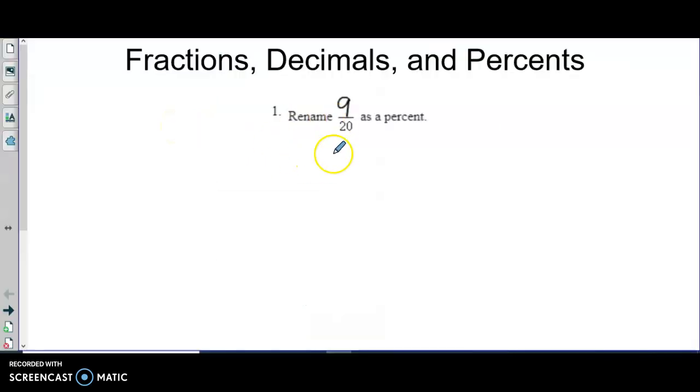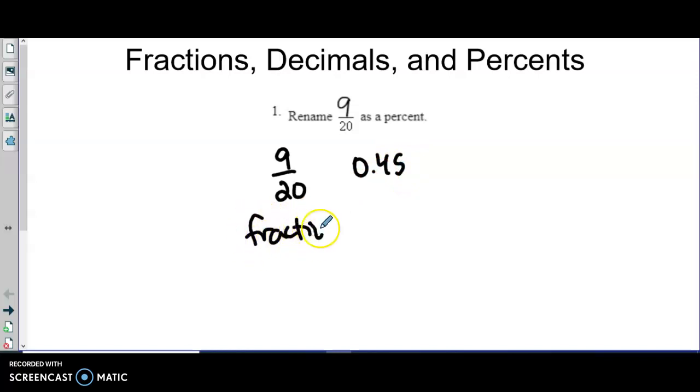I'm going to go ahead and write this down. So here's my fraction, 9 over 20. That equals 0.45 as a decimal. And then if you want to change it to a percent, you have to move your decimal 2 times to the right to change it to a percent.